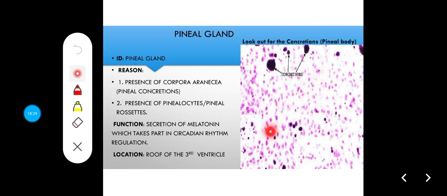So these numerous and uniformly scattered cells represent the pinealocytes that secrete the melatonin that controls sleep, the sleep-wake cycle in humans. So the function of the pineal gland is for secretion of melatonin, which takes part in the circadian rhythm regulation. The location is the roof of the third ventricle.